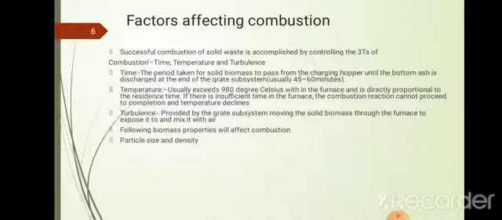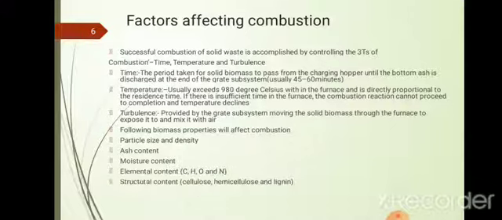So one important thing that will affect combustion is the biomass particle size and density, then ash content, moisture content, and the elemental analysis or elemental content, and the structural content. All these things we have discussed in different characteristics of biomass. So all these are important in combustion, especially particle size will play a role, and this elemental composition, moisture, all these are very important in terms of combustion.